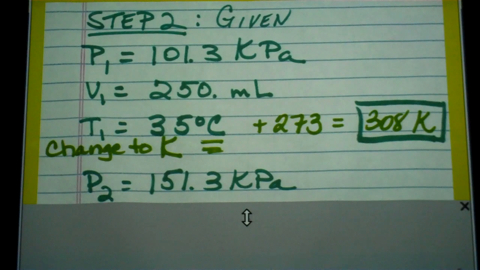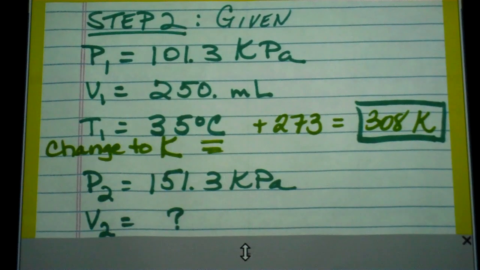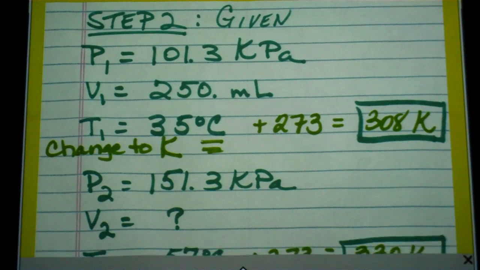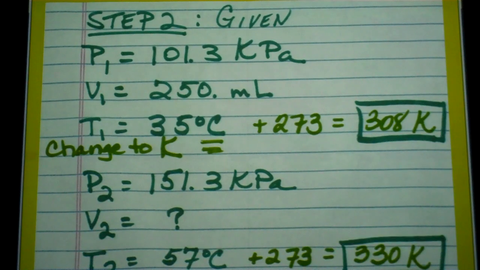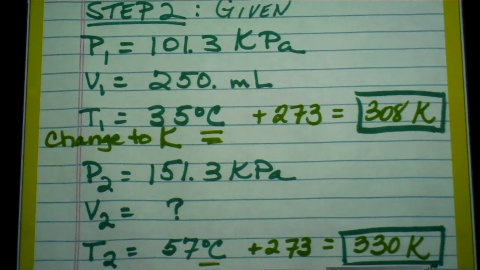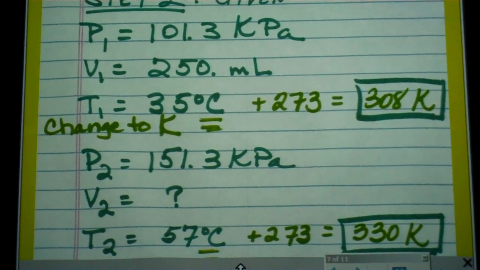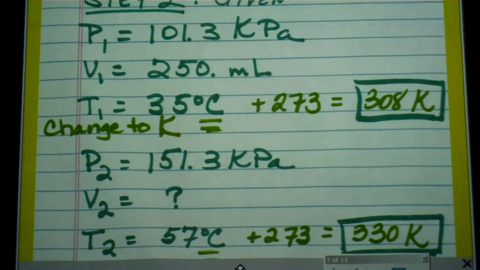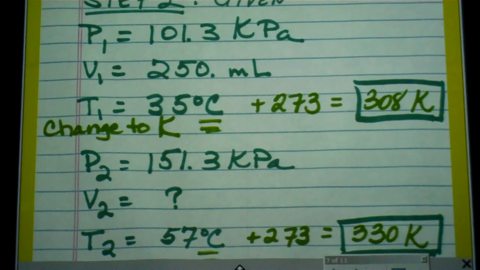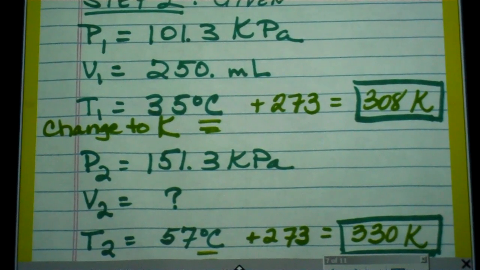We have P2, which is 151.3 kPa. The second volume is what we're trying to find. And then lastly, we have a second temperature. Again, that temperature was 57 degrees Celsius. We want to convert that to Kelvin. That's why 273 is added. And that new temperature is now 330 Kelvin.